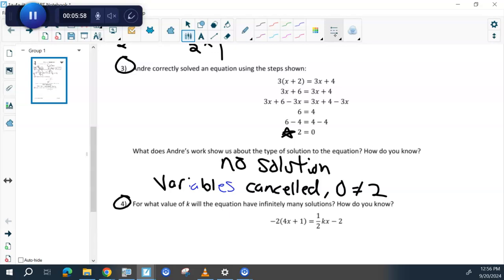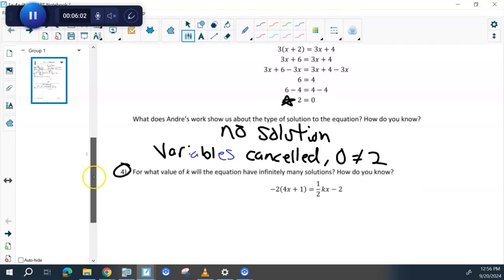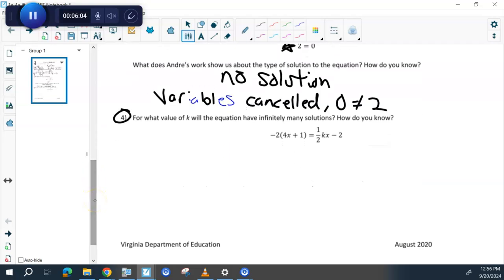Okay, and then in number 4, you start to solve this, but then you kind of change directions. So, let's say I go ahead and I start solving this like normal. We get negative 8x minus 4 equals 2, sorry, 8x minus 2.